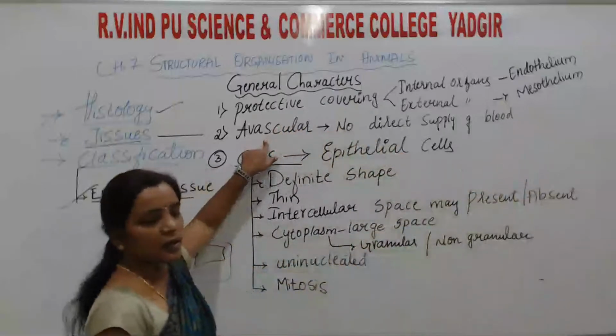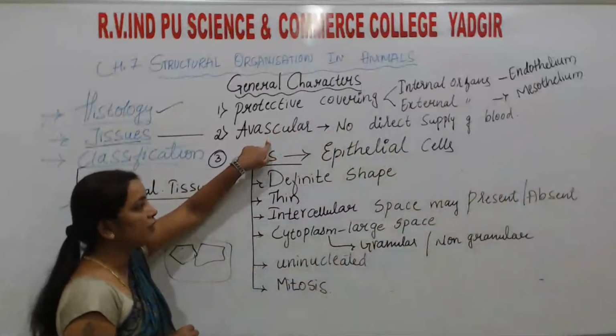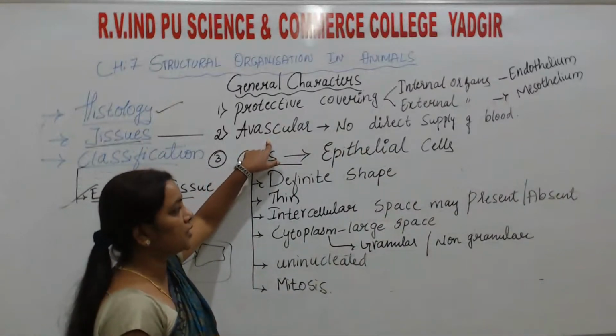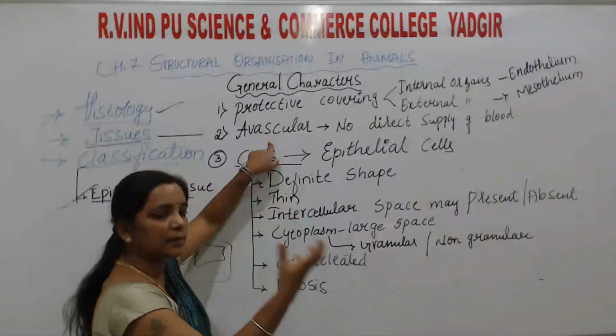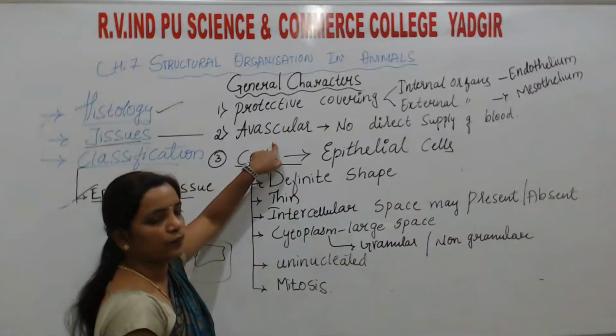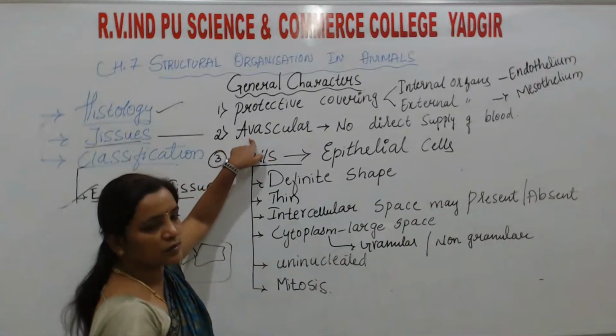One more, epithelial tissues are avascular. Why is it called avascular tissue? Direct blood supply is absent for the epithelial tissue, so it is called avascular.